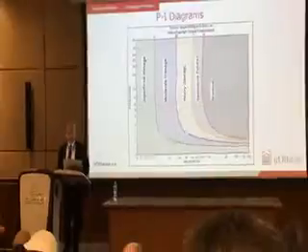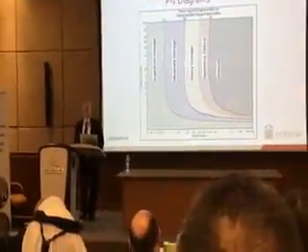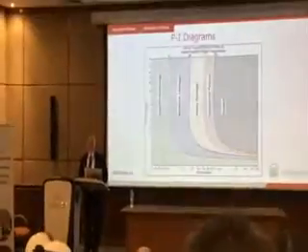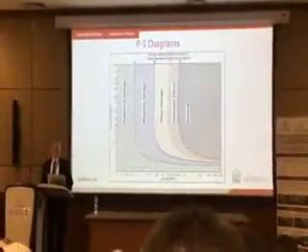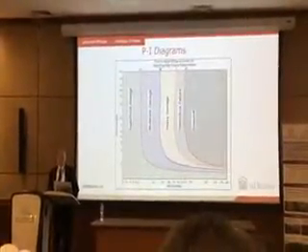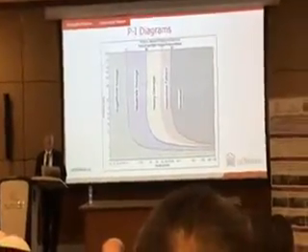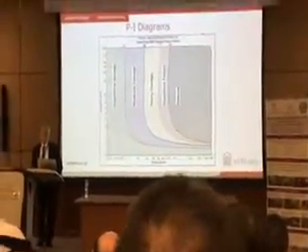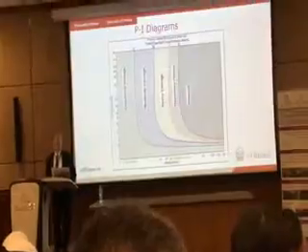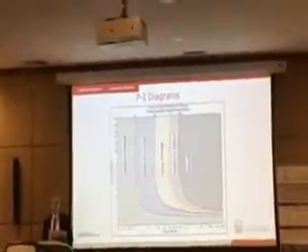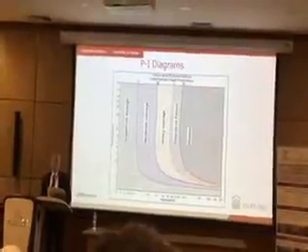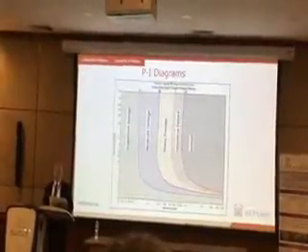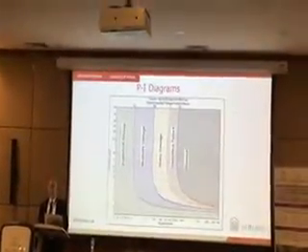Similarly, there are PI diagrams generated for different members. Let's say this PI diagram is generated for a column. So this is the pressure and this is the impulse. Given my pressure and impulse, if the intersection lies inside the superficial damage, that's great, nothing will happen. If it lies here, I will get moderate damage. If it lies here, heavy damage, and so on.